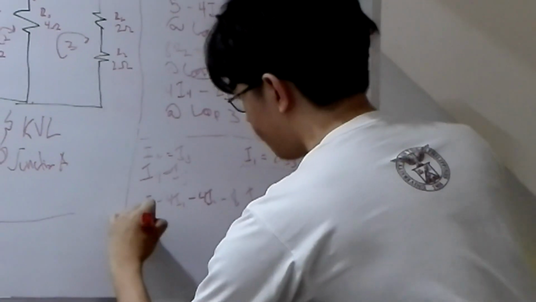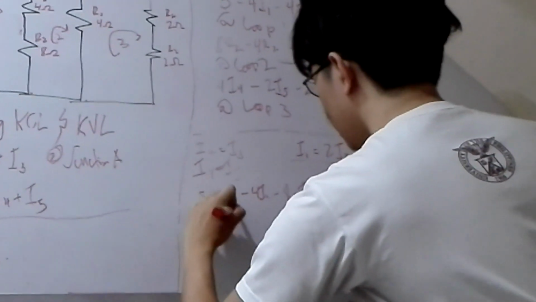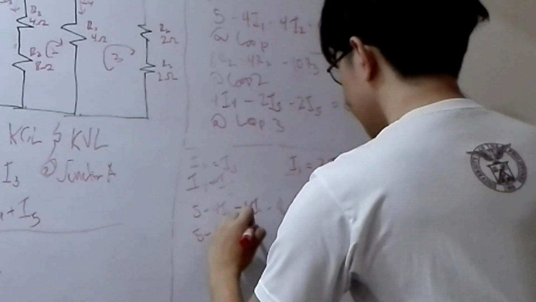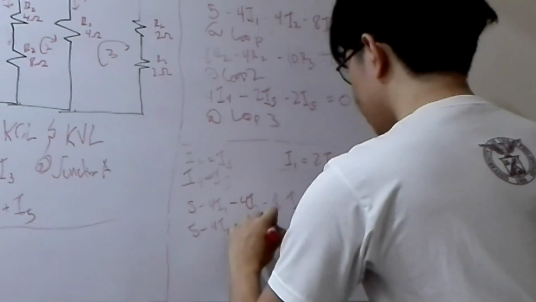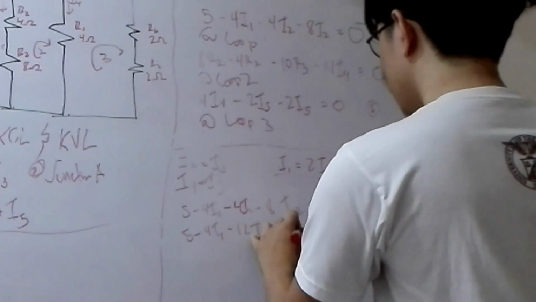So you get 5 minus 4I1 minus 12I2 is equal to 0.